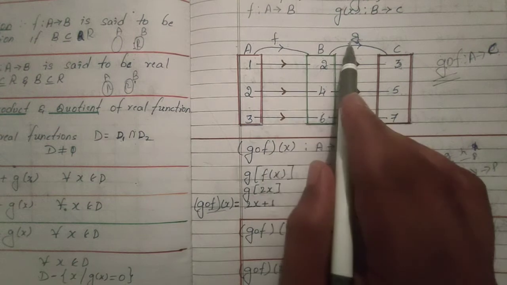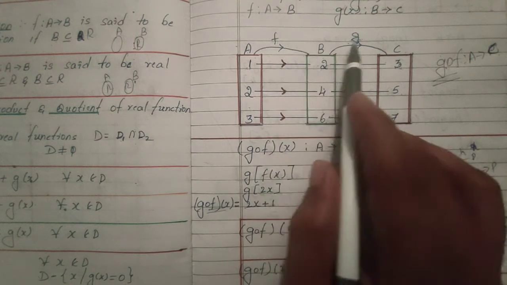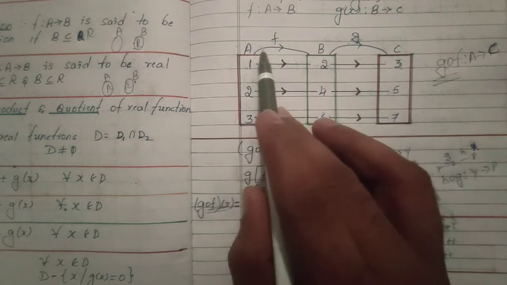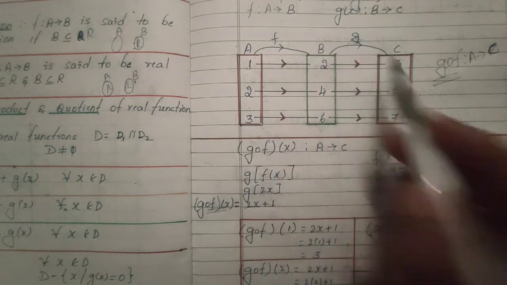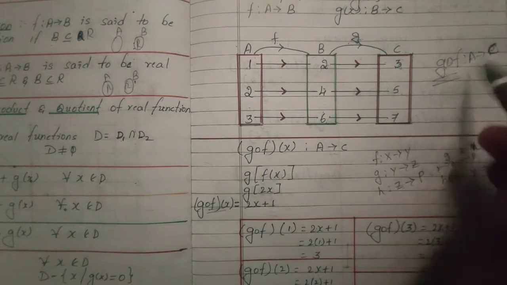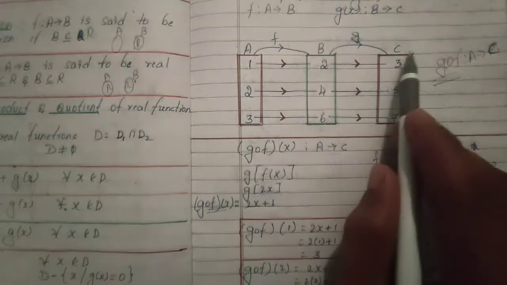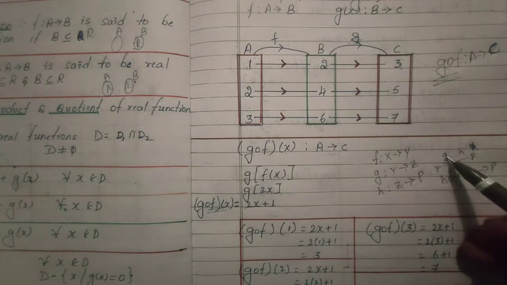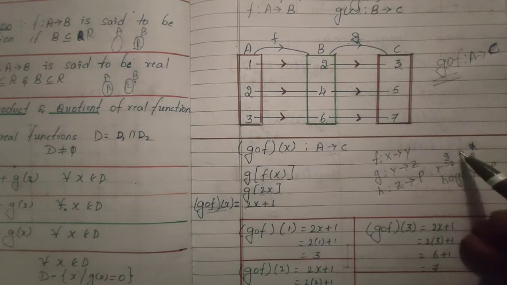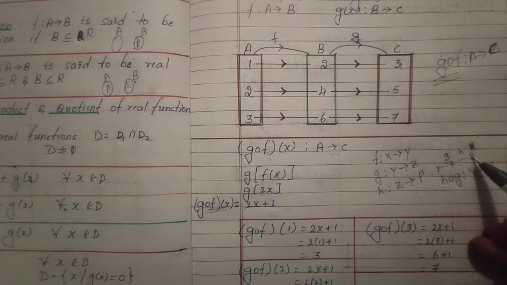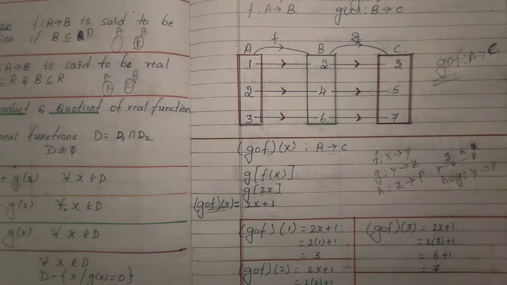When we combine the functions f and g, that is denoted by GOF, meaning from A to C. Similarly, g is one function, y to z, h is another function, z to p. When we combine these two, that is denoted by HOG. That means y to p relation we are telling.